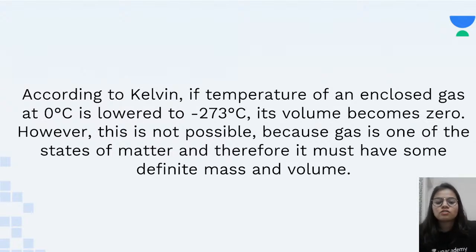Now this thing is not possible practically. Why? Because as you know, gas is one state of matter, right? So definitely the state of matter should have some definite mass and volume is very necessary.